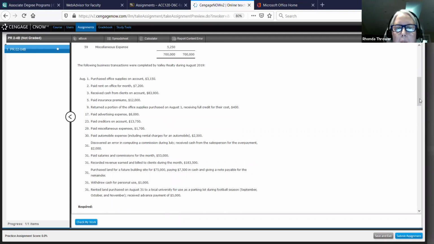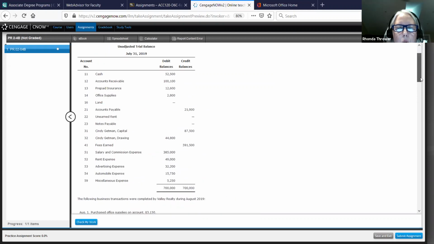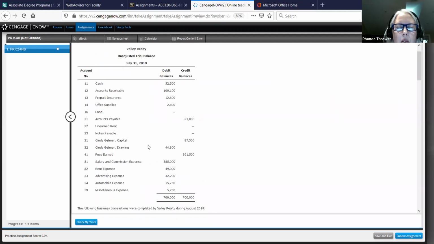So what this means basically is we've been in business for a while, and these are the previous balances that were brought forward from July 31st into August the 1st. These balances are already in your general ledger. You'll remember we talked about the last time that we met, the ledger was a book of accounts where we post entries from the journal to that ledger.